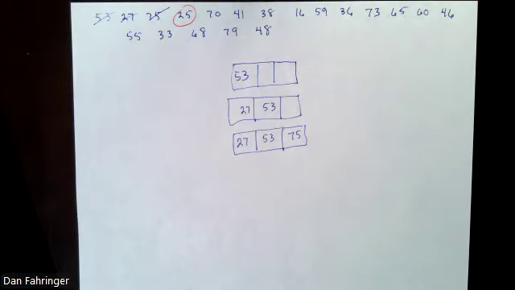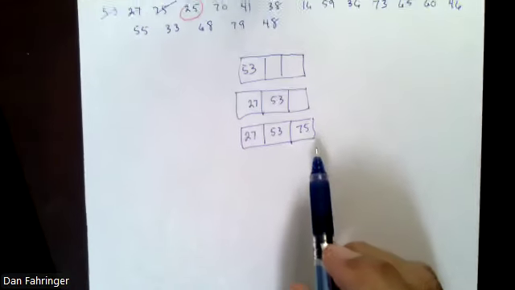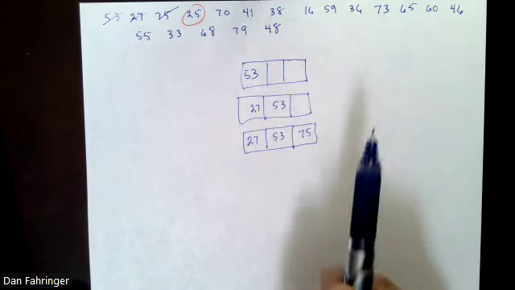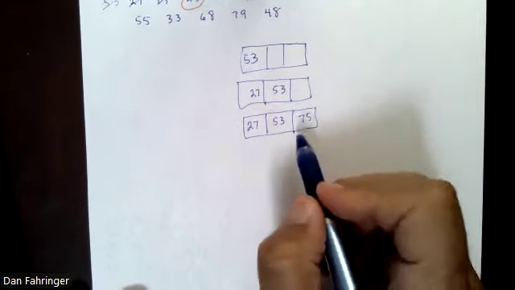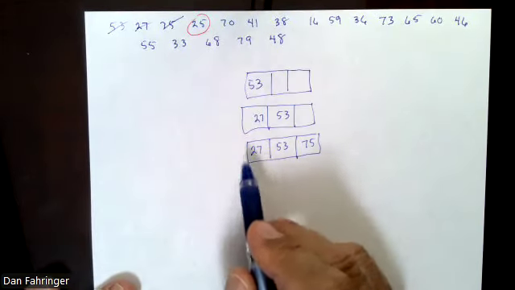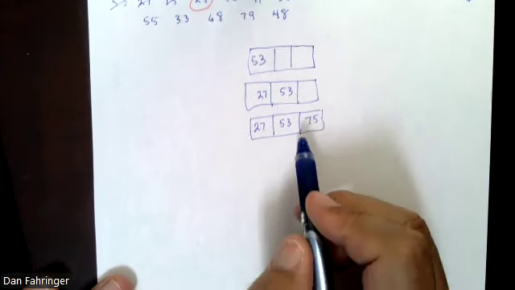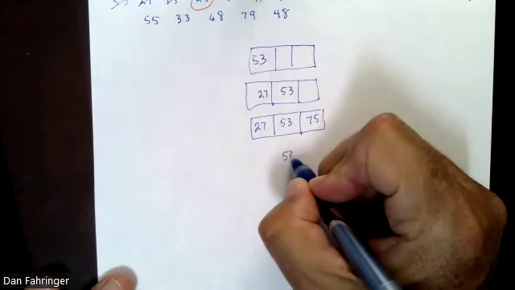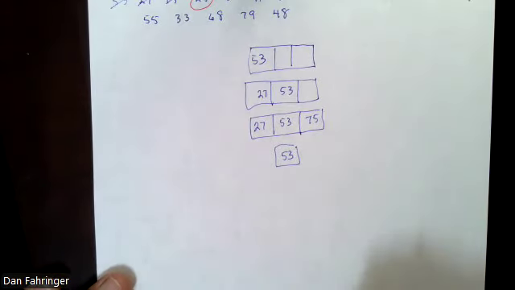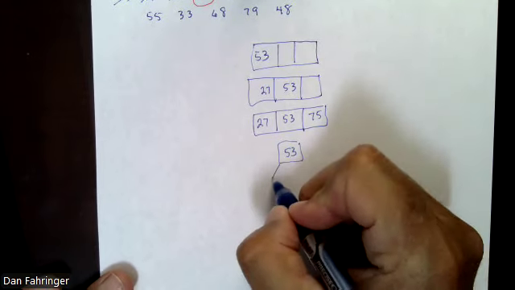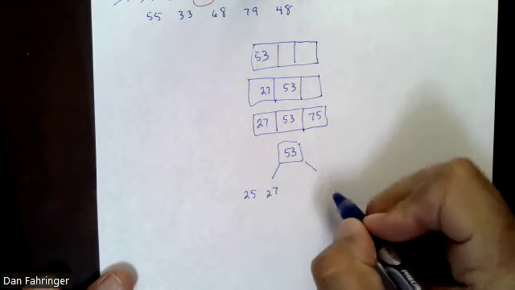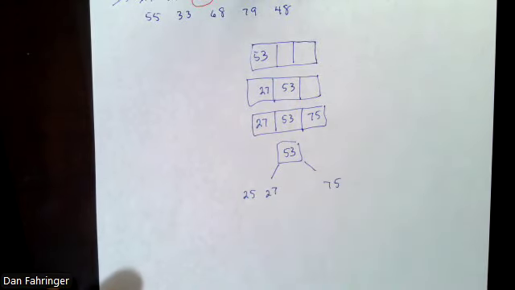It's a shame we don't have nice terms like we did two weeks ago when we did percolate up and percolate down, but this is going to get busted up. 25 is going to be on this side. So I'm going to bust this up now, and my top node is just going to contain the number 53. To the left here goes 25 and 27, and to the right is 75.